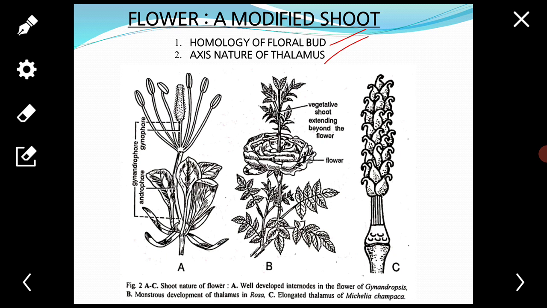The shoot nature of thalamus is evident according to the following facts. One is well developed internodes.